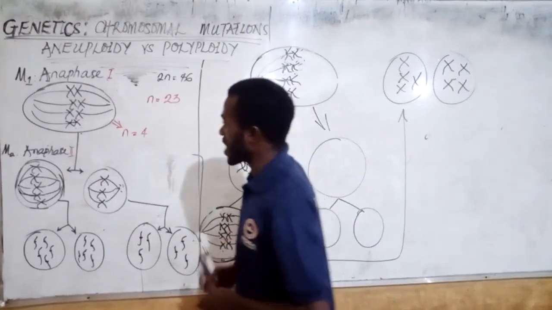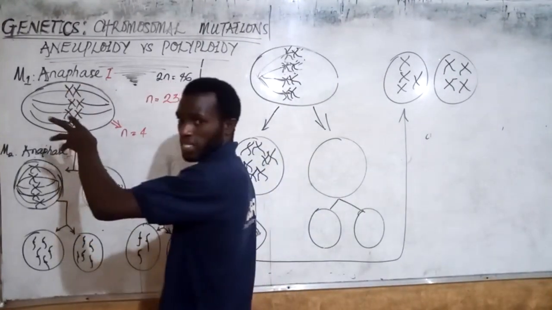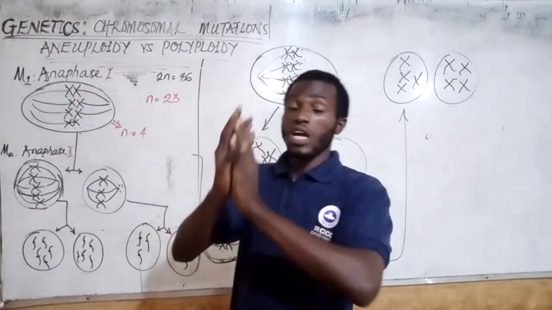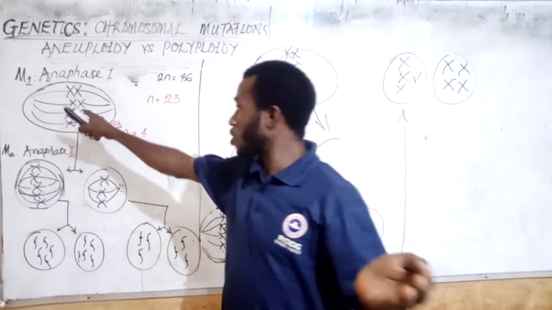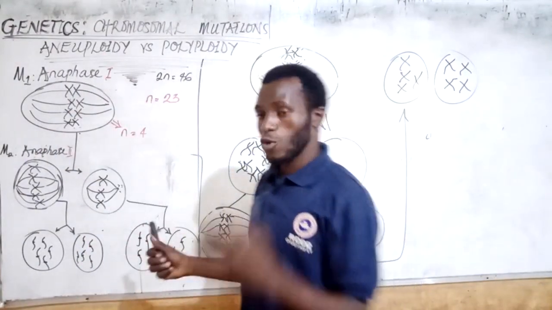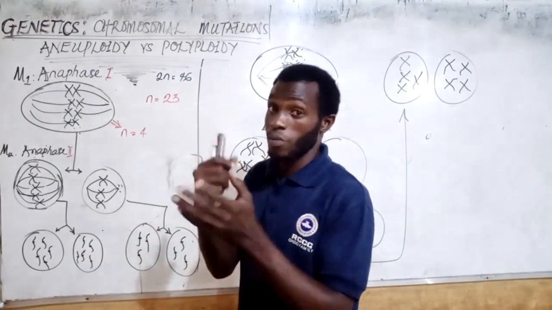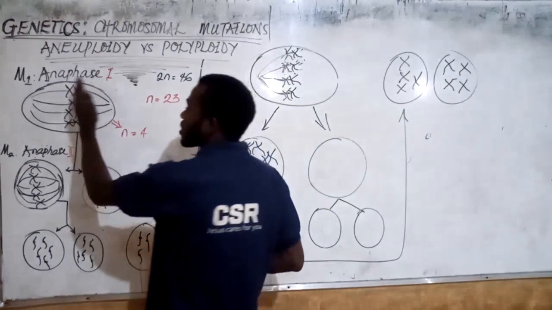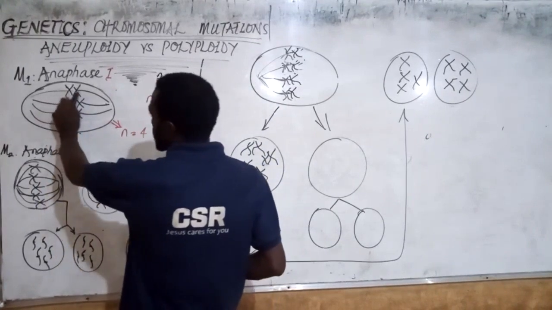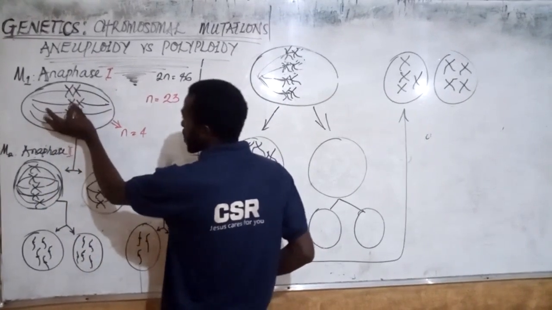Naturally at anaphase, having assembled at metaphase, the chromosomes should separate. Non-sister chromosomes should separate, because exchange recombination might have occurred. Look at the first set: it separated equally. The second set separated equally.